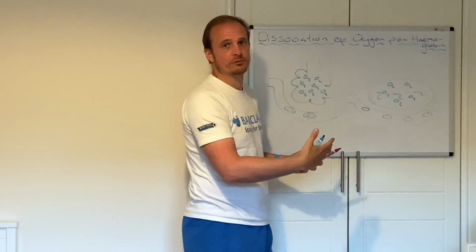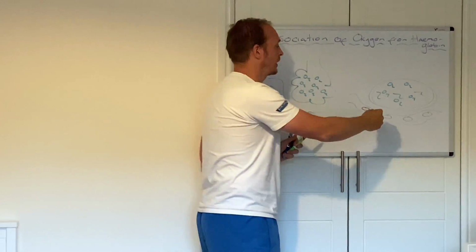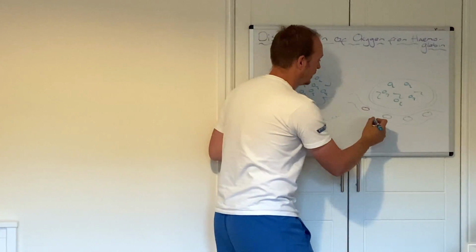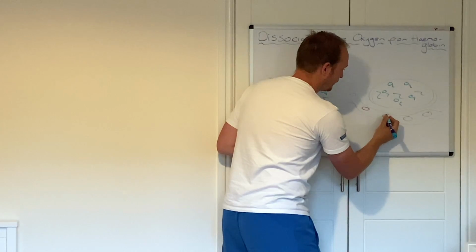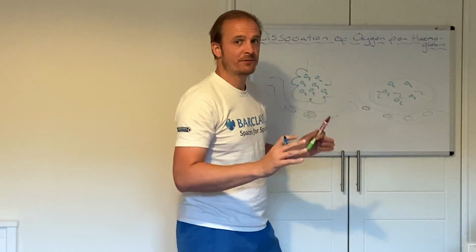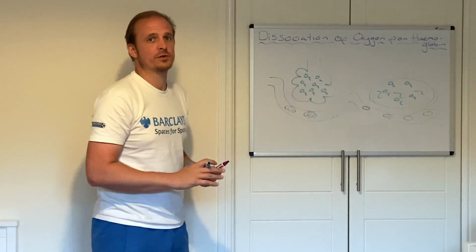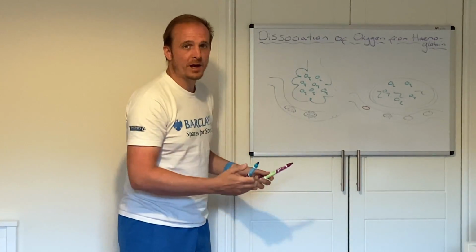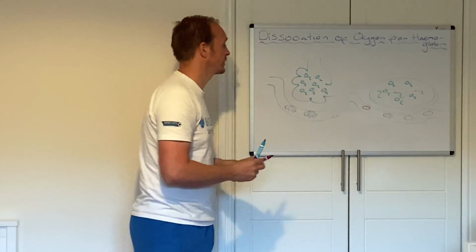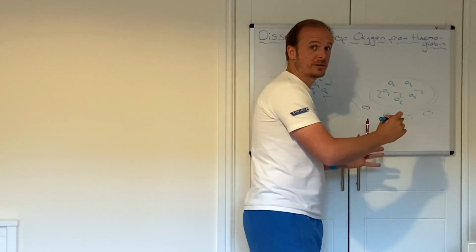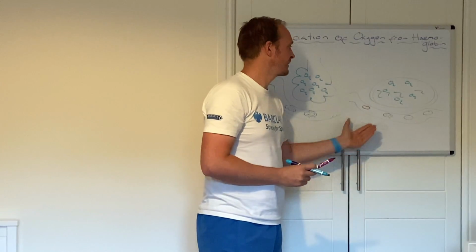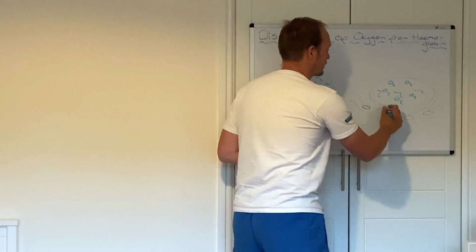So about a quarter of the oxygen that was being carried in the haemoglobin will make its way into the muscle. So that would still mean each one of these red blood cells is still going to be 75% saturated with oxygen. So they're still going to have 3 out of the 4 oxygen molecules attached to them. Because they are 75% saturated, that means that 25% has made its way into the tissues through diffusion.